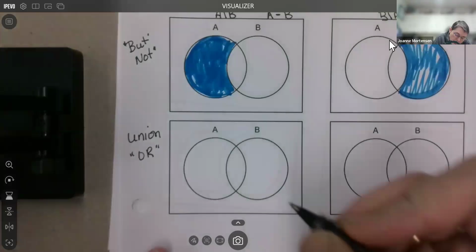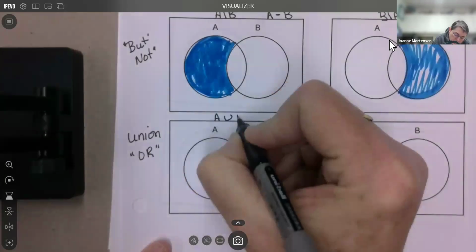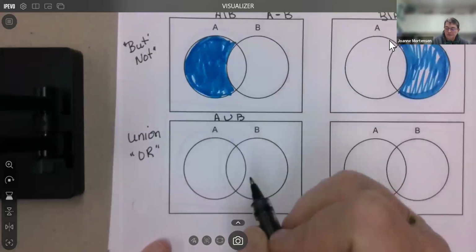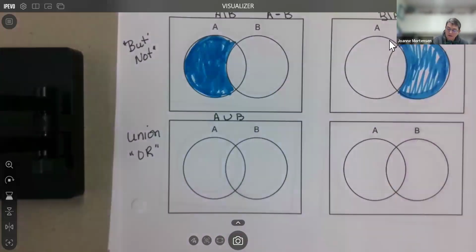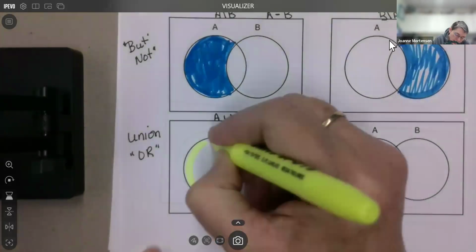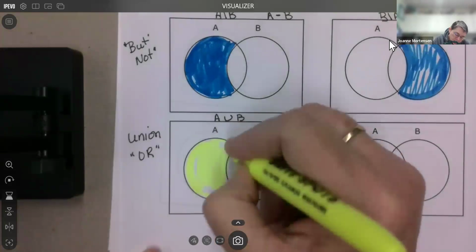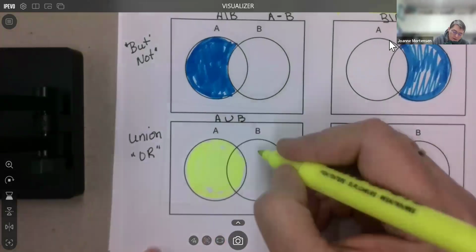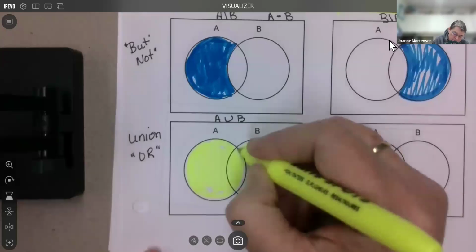If I go A union B, the symbol is the U. Well, it's not quite a U, but it's close enough. That means I want everything. I want A and I want everything that's in B.